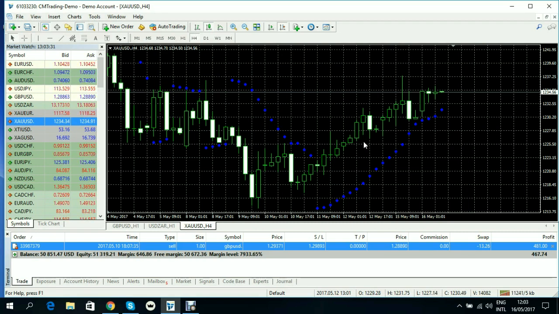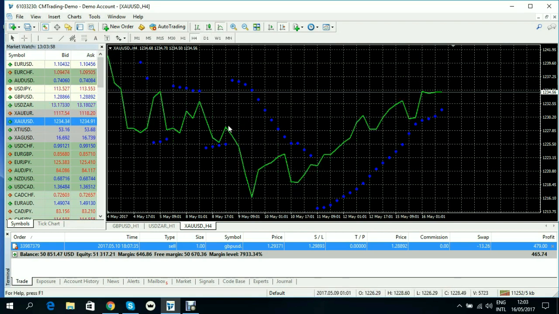So these are the two main things that the parabolic SAR tells us about prices. That is when to sell and when to buy. So to sell is when the dot appears above the candlestick or the line chart or the price trend.